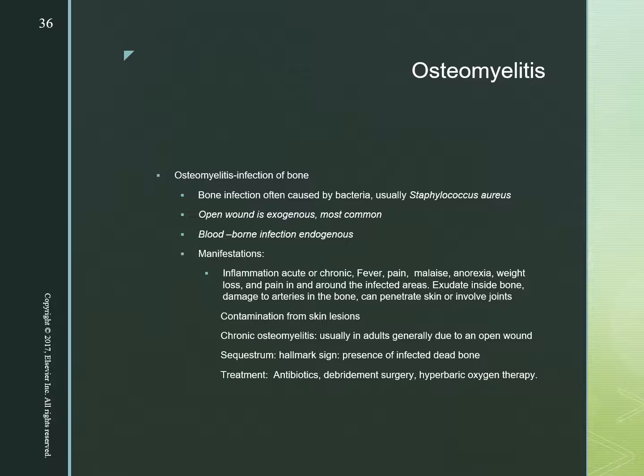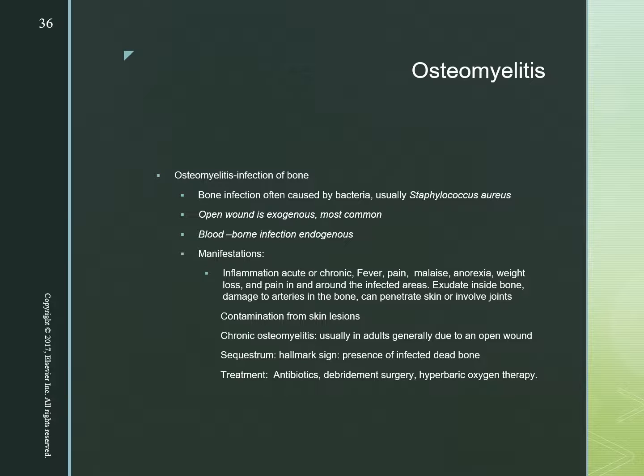It could be acute or chronic, fever, pain, malaise, anorexia, weight loss, and pain in and around the infected areas. They have exudate inside the bone, damage to the arteries in the bone, and can penetrate skin and involve joints. Biggest thing is contamination from the skin lesions.